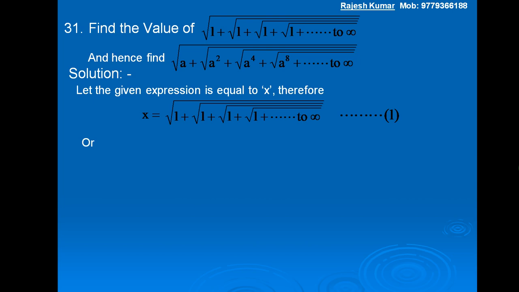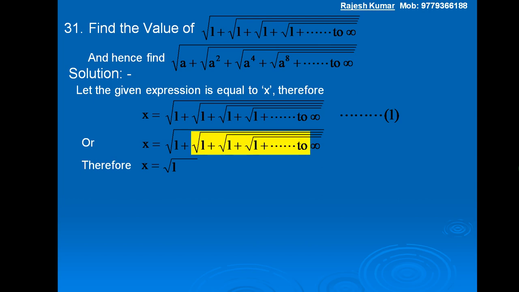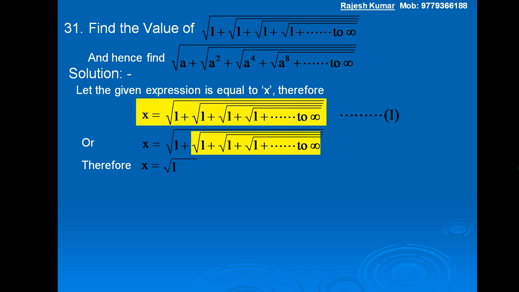Therefore x is equal to square root of 1 plus the remaining factor from equation number 1, which is equal to x. So putting its value, we get x is equal to square root of 1 plus x.